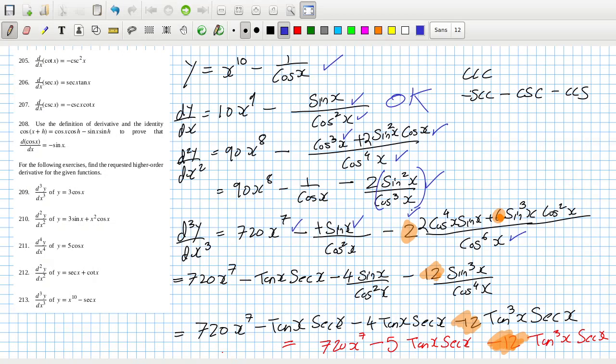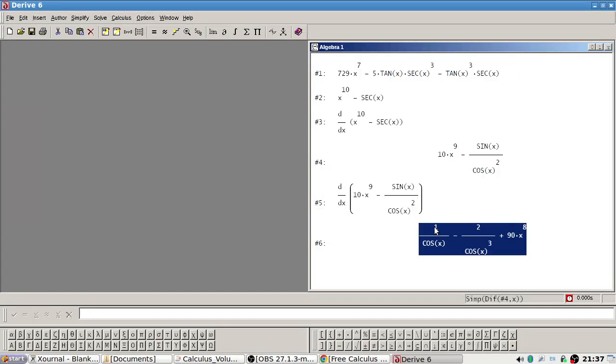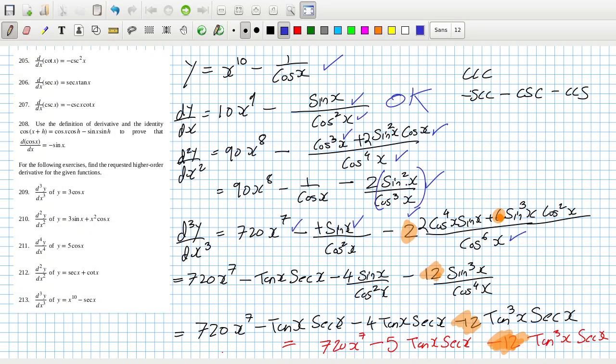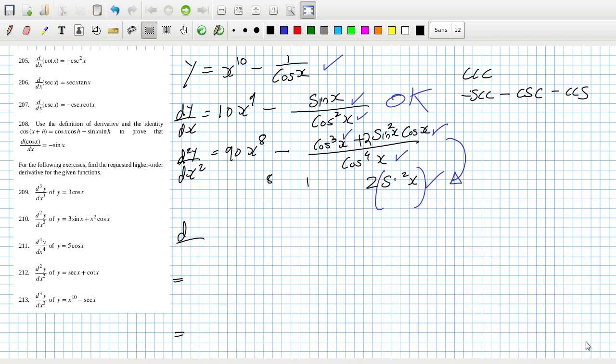Where's the sign gone? And then here, minus 2 over cos cubed. So, okay, something fishy has gone on here. I made a mistake. So maybe it would be worth going and fixing it from there.